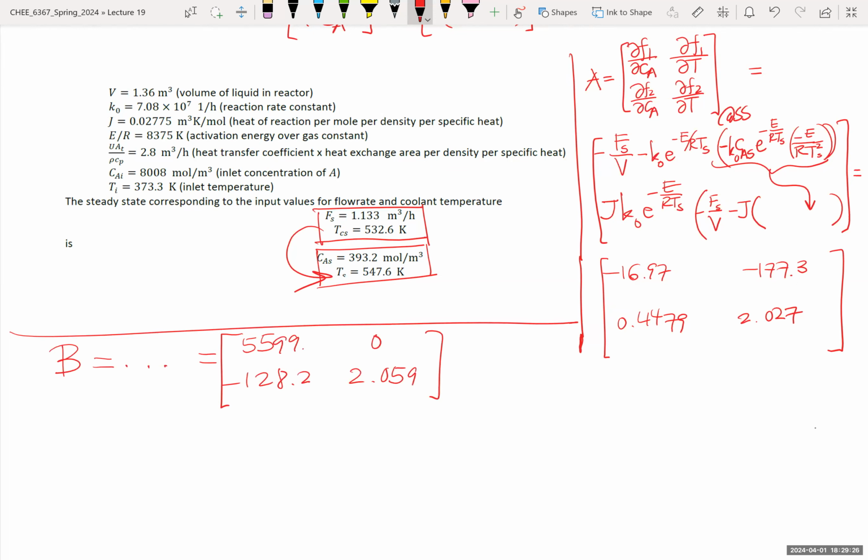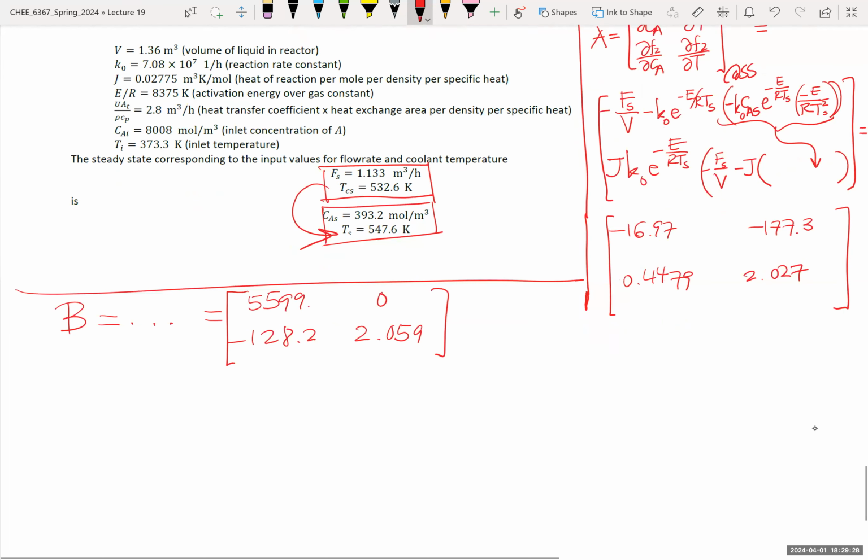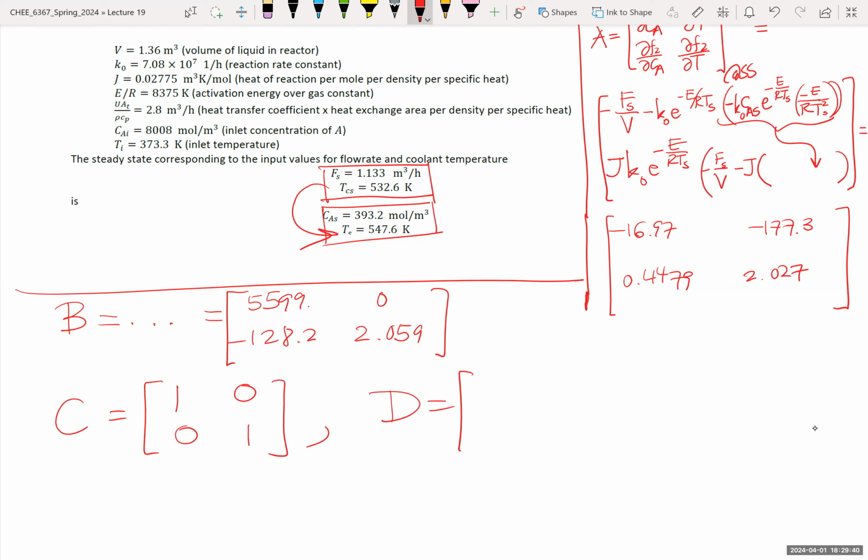The matrix C is very easy because it's diagonal with 1, 1. Each state is a corresponding output. And the matrix D is also very easy because it's 0, 0, 0, 0. No direct effect of the input on the output.